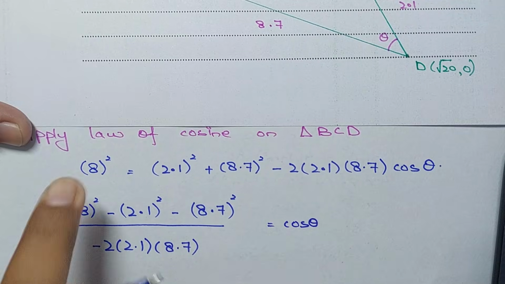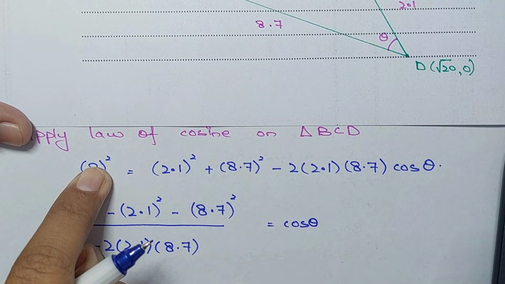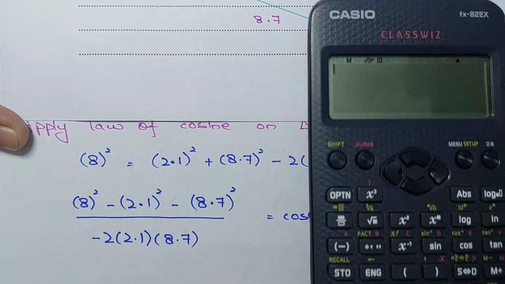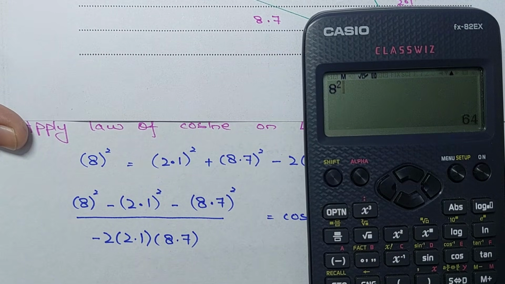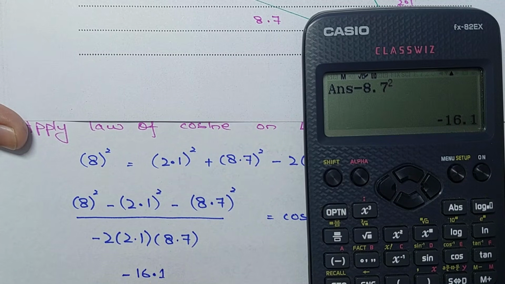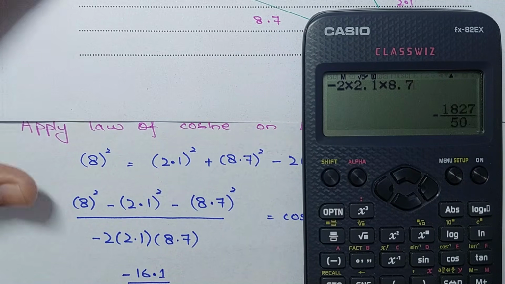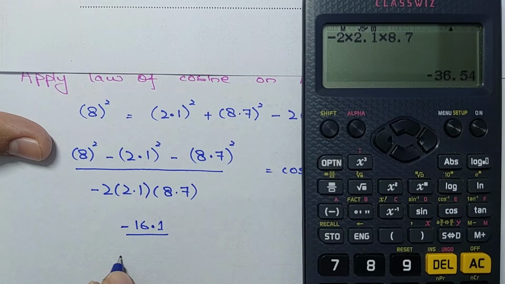What I did over here, this is 8, shift this to the left, this to the left, and this is multiplying, so divide on the other side, right? 8 square minus 2.1 square minus 8.7 square is negative 16.1, divided by minus 2 times 2.1 times 8.7, negative 36.54.